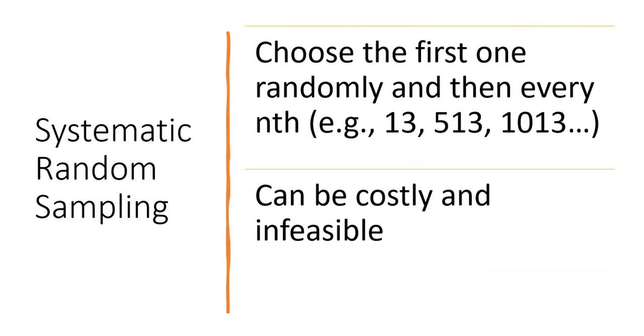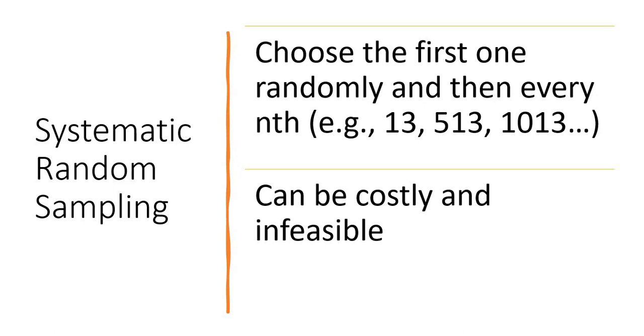To overcome some of the problems in simple random sampling, we can use systematic random sampling, in which we choose the first one randomly and then every nth. For example, suppose we decide to collect data from 500 students.